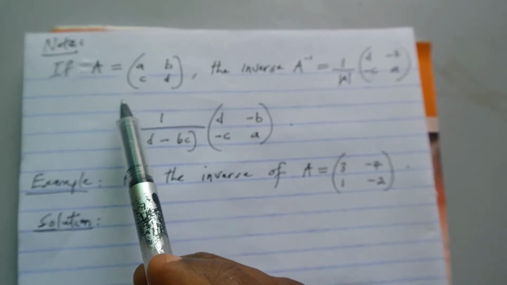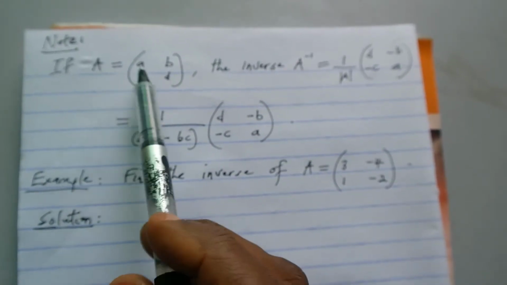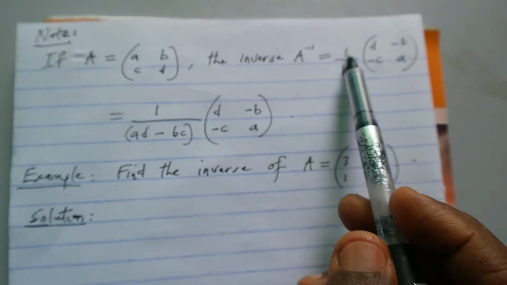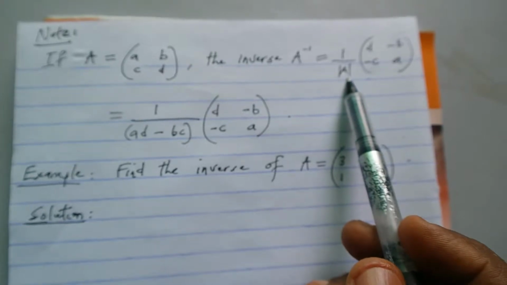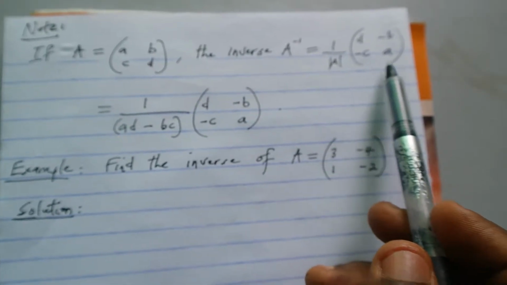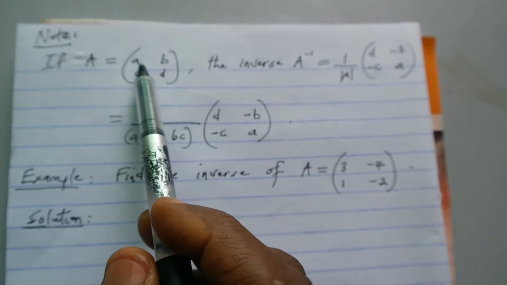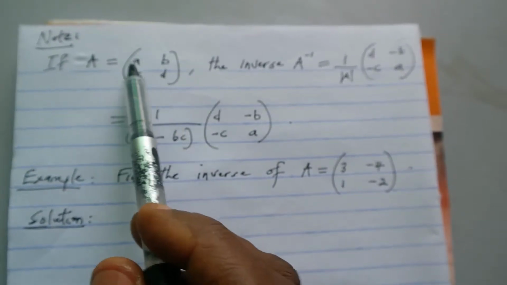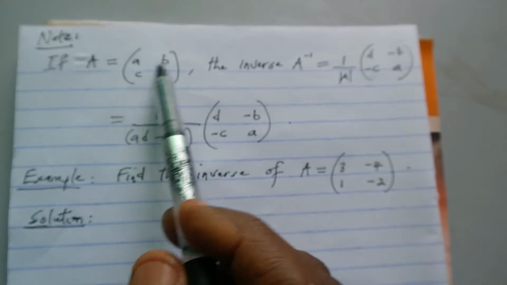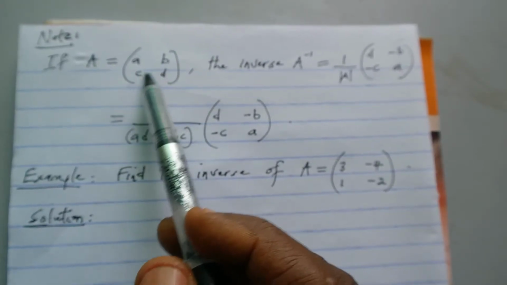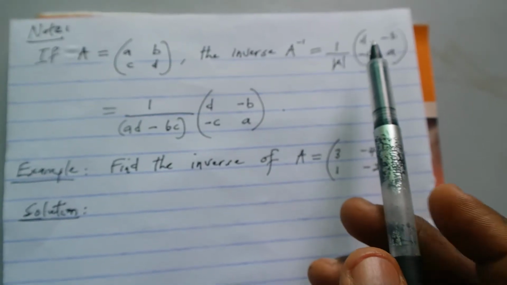So whenever we are given a 2 by 2 matrix a, b, c, d, then the inverse will be 1 all over the determinant of the matrix, with the matrix we have here. How do we get this? We interchange the entries here. Then for the entries here, we leave them like that by attaching a minus to them.